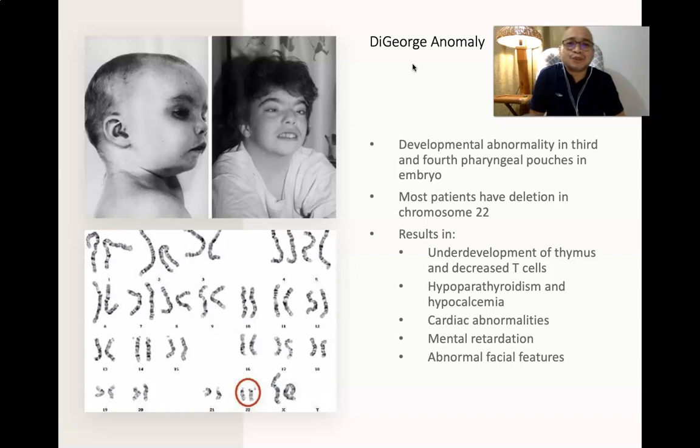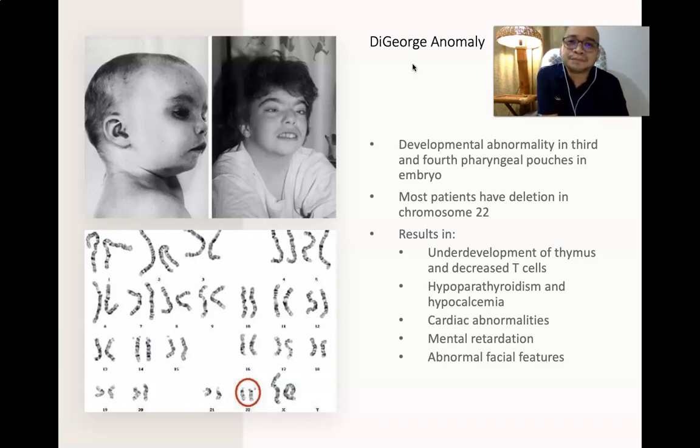Incidentally, people with the DiGeorge anomaly would also suffer from hypoparathyroidism and hypocalcemia. So again, bone development is affected. Hence, as you can see, there's an obvious disfigured development of bone structure, so the face appears not normal.